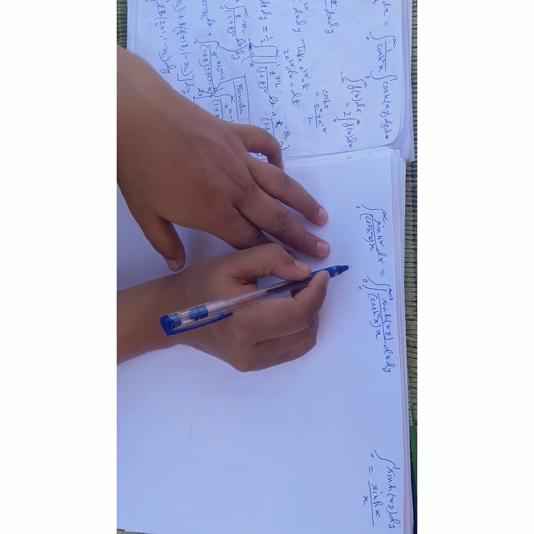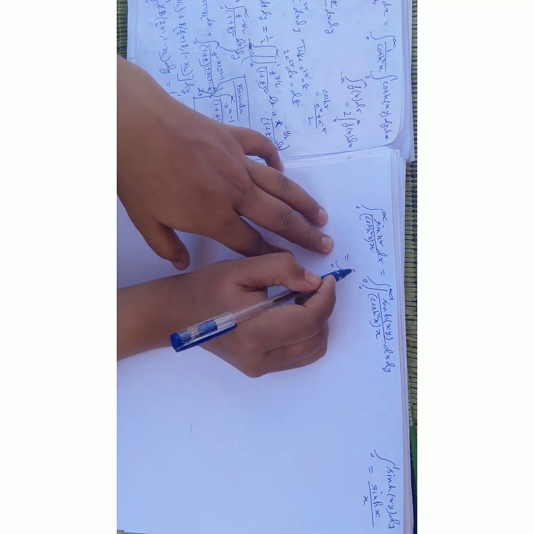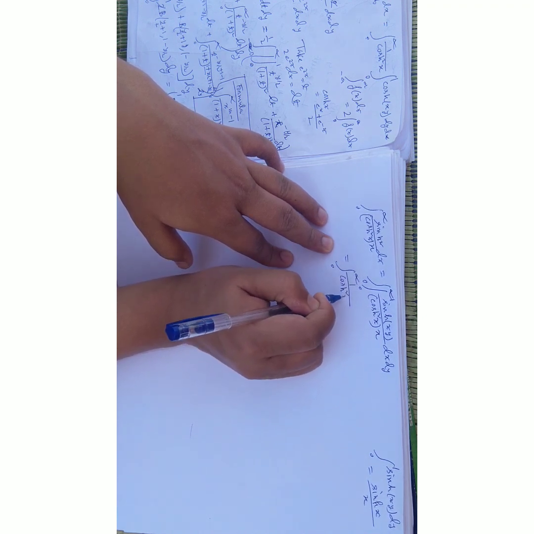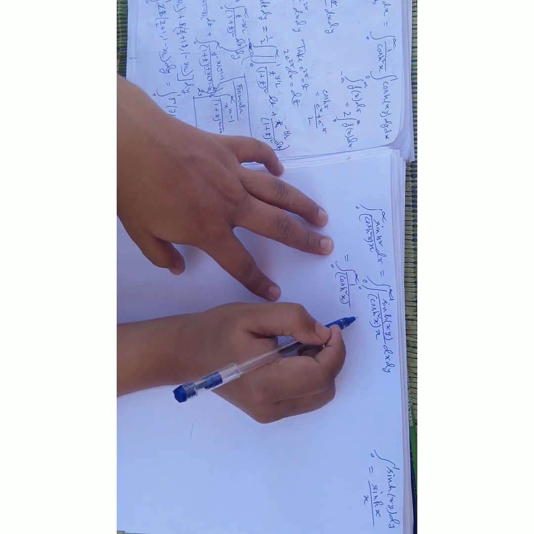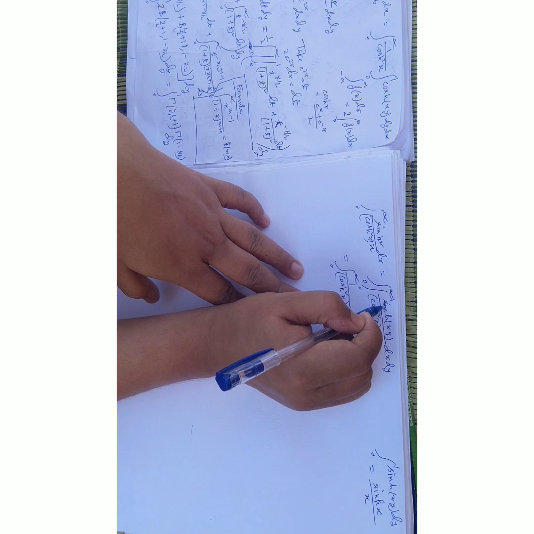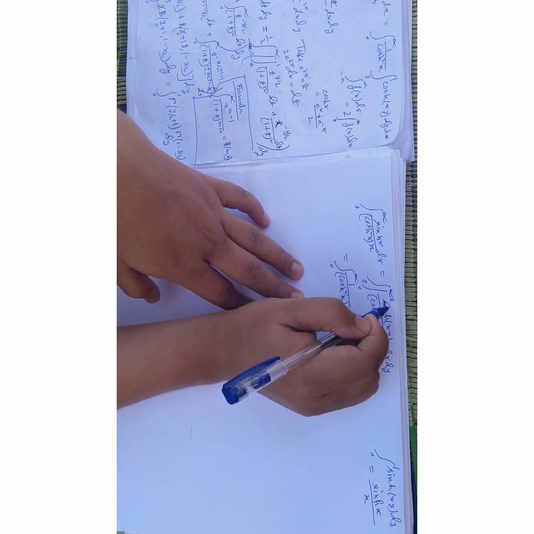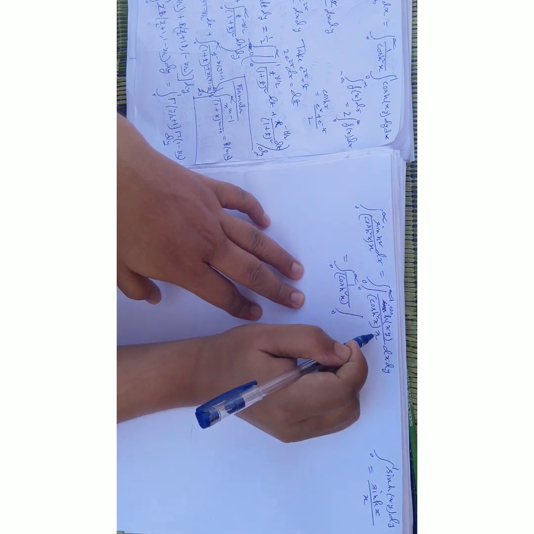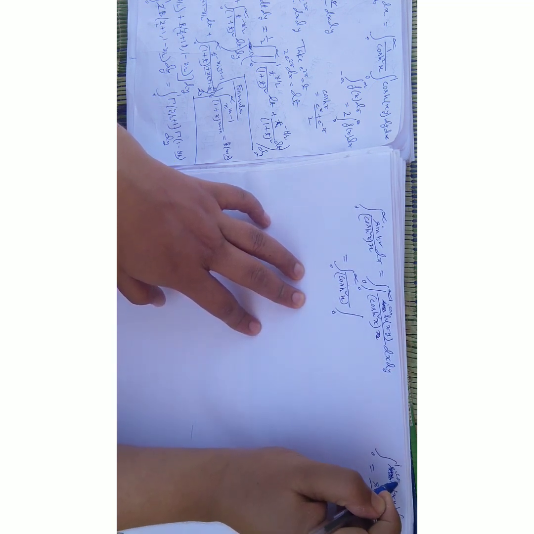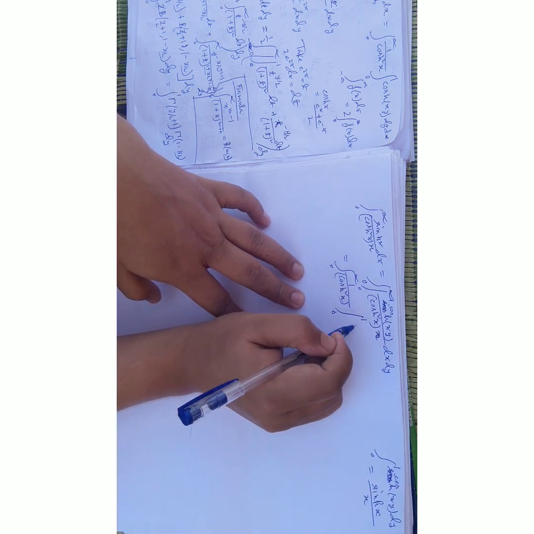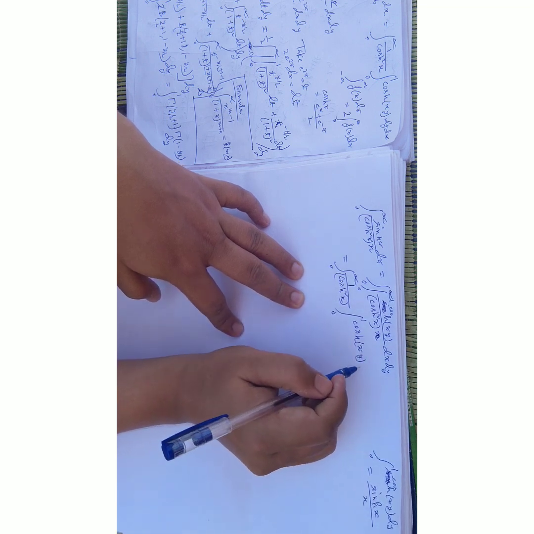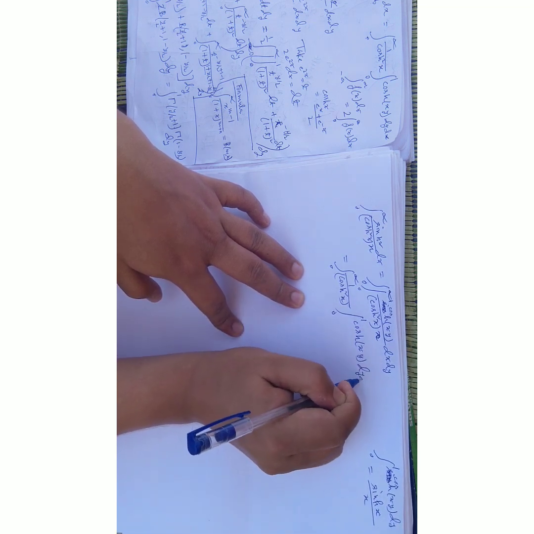Now it will be 0 to infinity, 1 by cosh squared x, and the integral of cosh(xy) from 0 to 1 dy, dx.